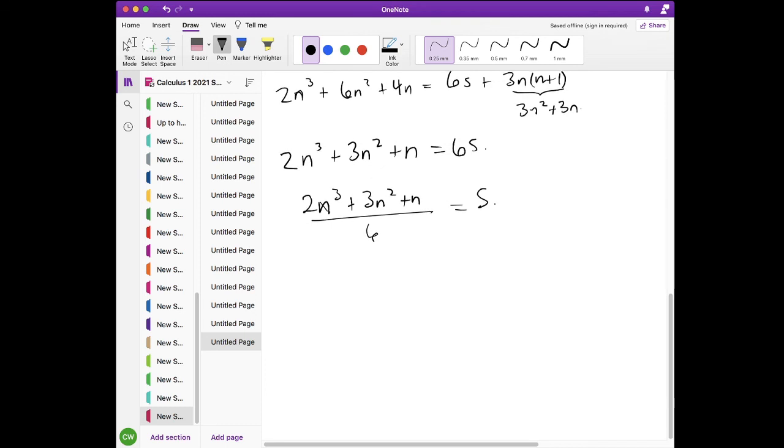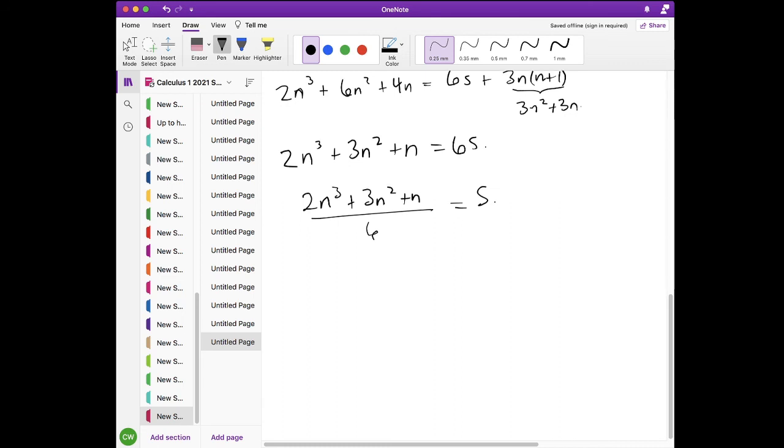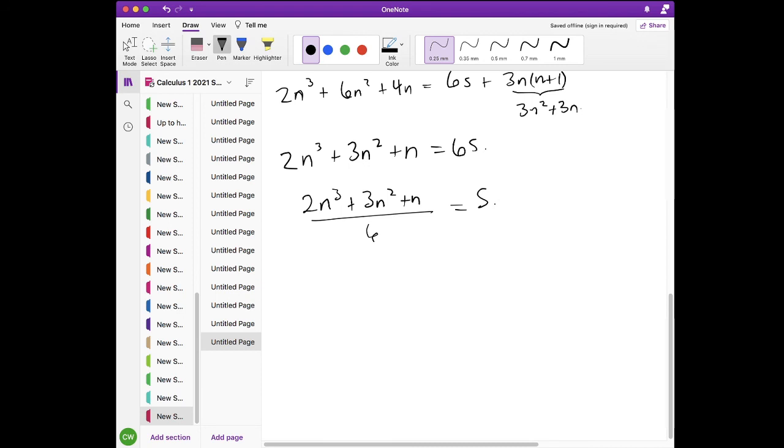How do you factor the numerator? Take out an n, and then how can you proceed to factor?